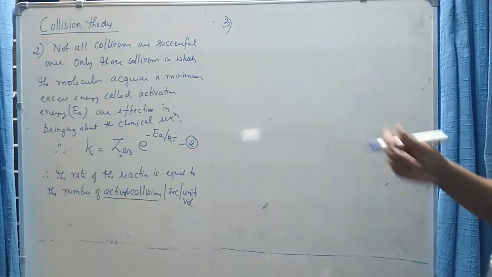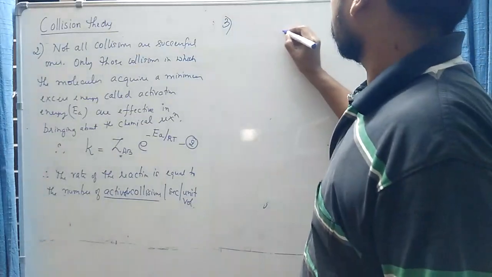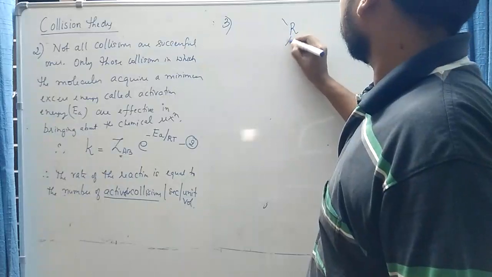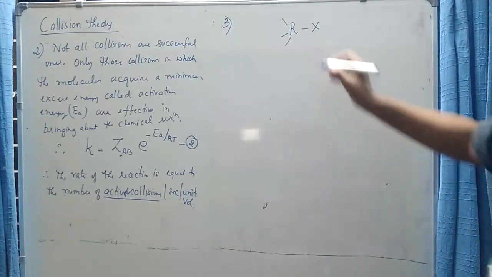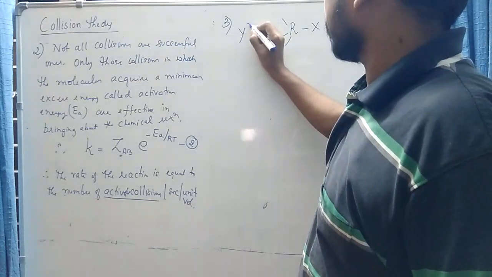I'll give an example. For example, if you are considering a nucleophilic substitution reaction, you have a substrate with a leaving group, and you have an attacking nucleophile Y minus.